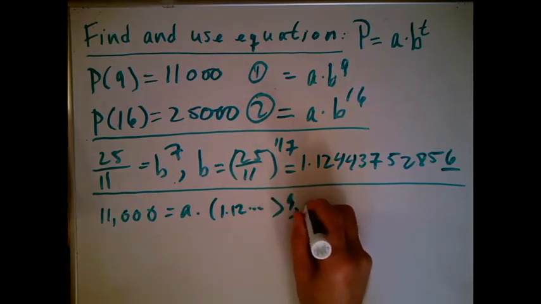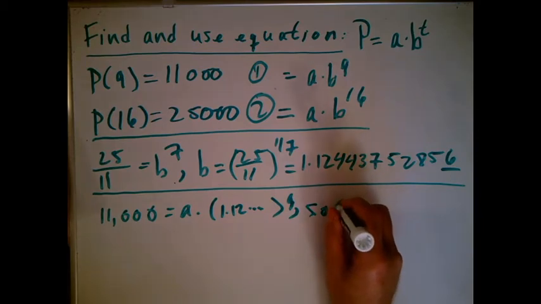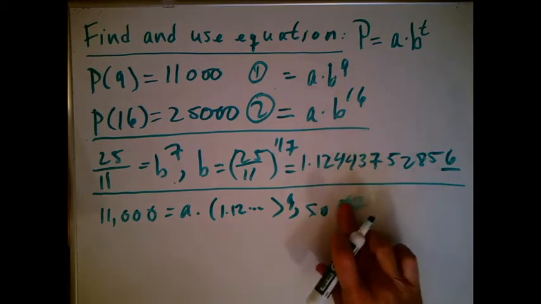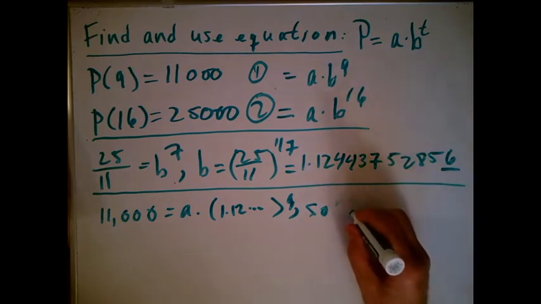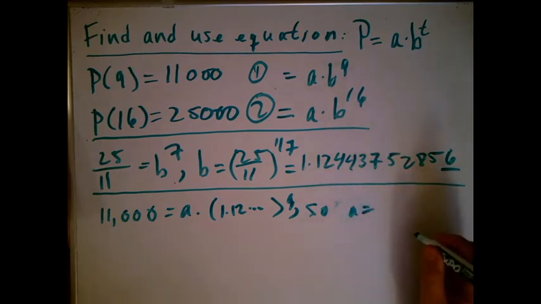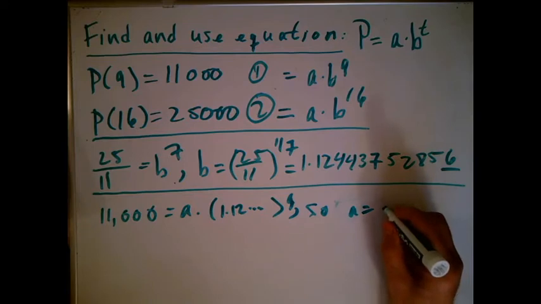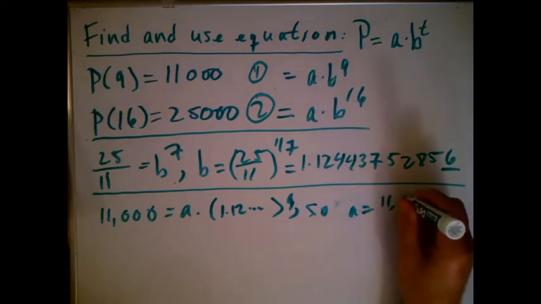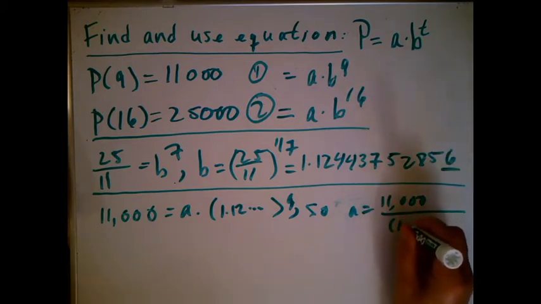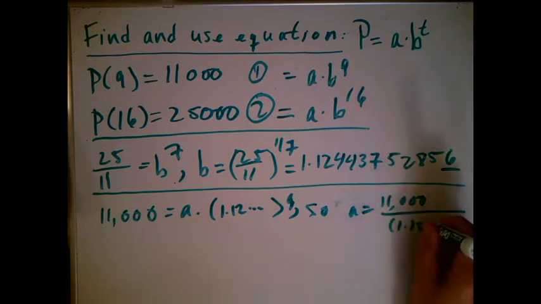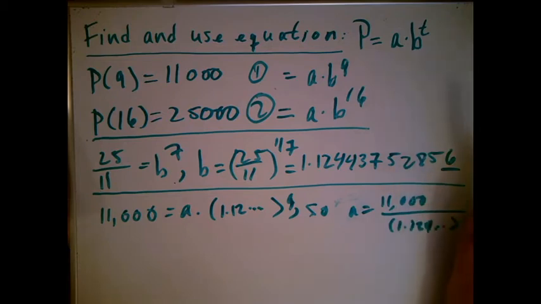So A equals, here, let's write this so it doesn't look like SOA. So A equals 11,000 over our big mess to the 9th. And again, putting all the decimal places in there like this.